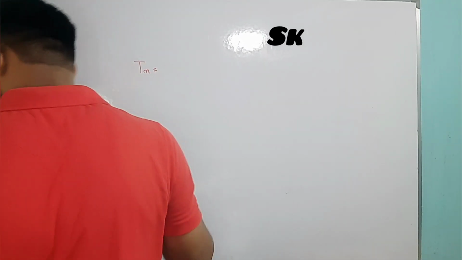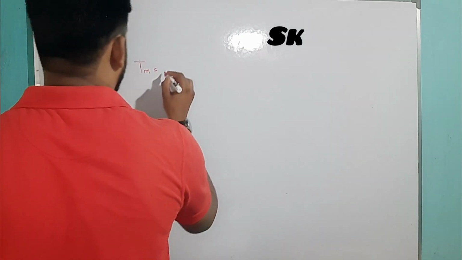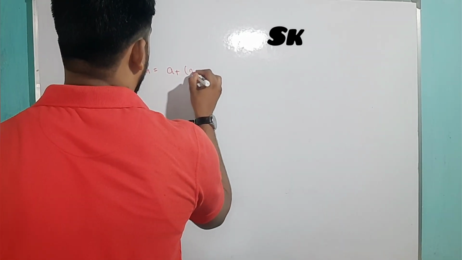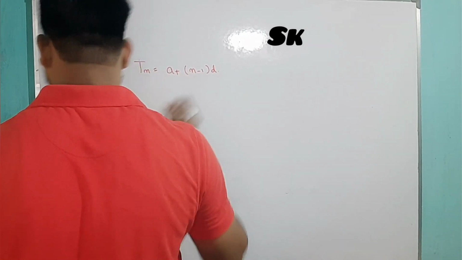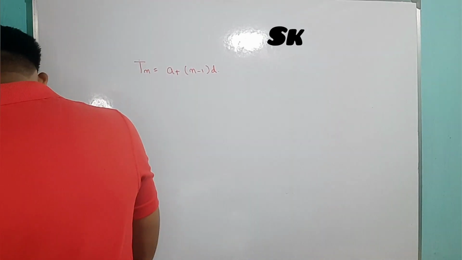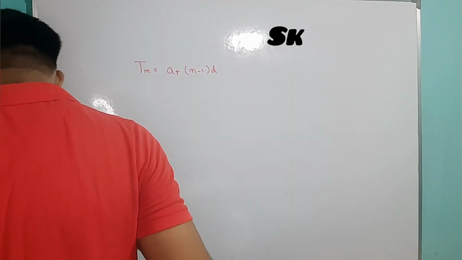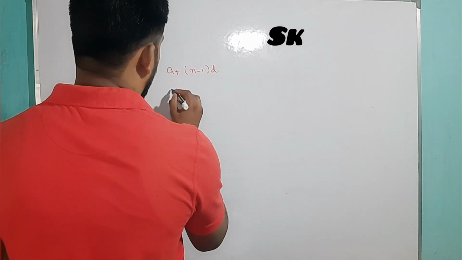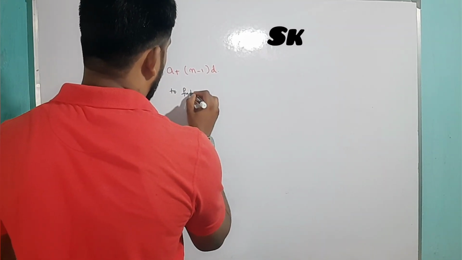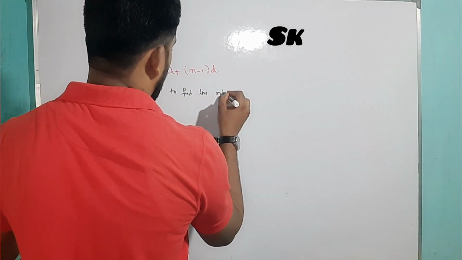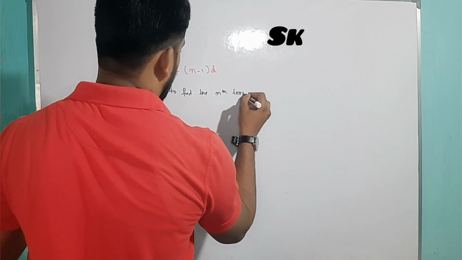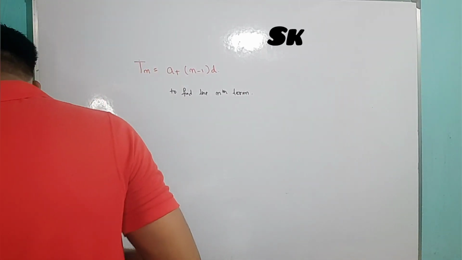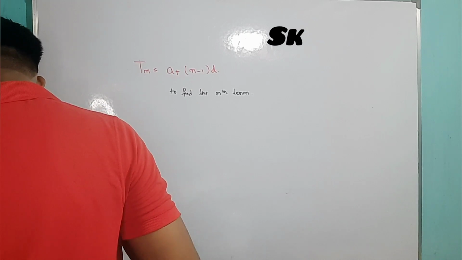Tn is equal to, you can copy it down, a plus n minus 1 d. This is what is used to find the nth term.